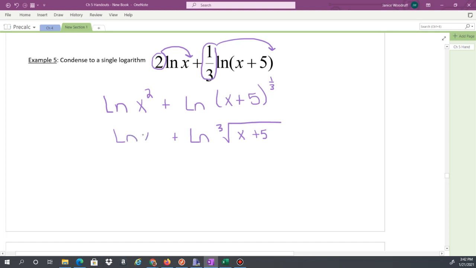And then finally, single logarithm, I'm going to take this plus sign, make that multiplication. So I'm going to have just one natural log, and I'm going to have x squared times cube root x plus 5. You do not need to type in that times symbol. I just like to, or I might even put parentheses here, just because I don't want that to look like a 23.